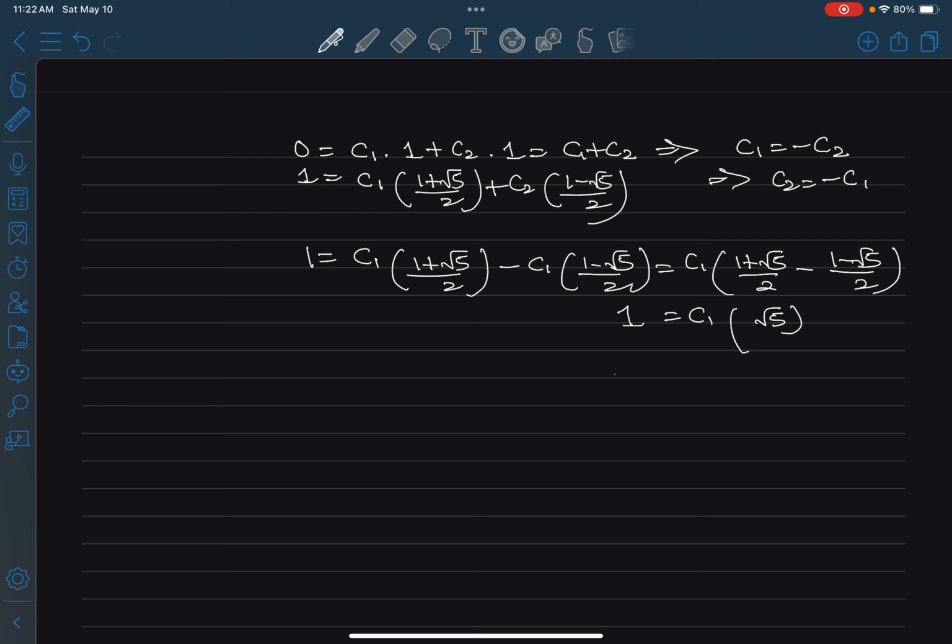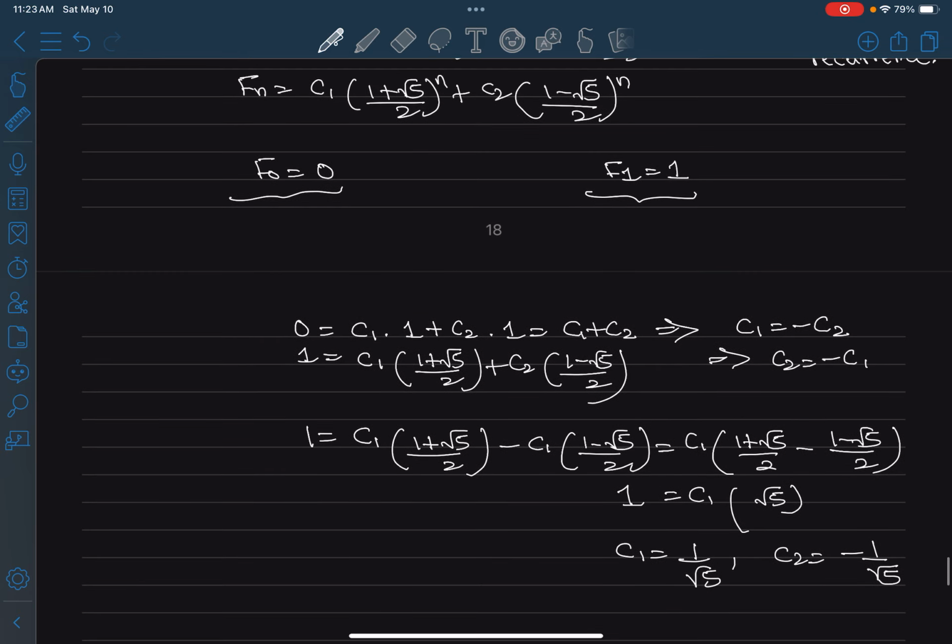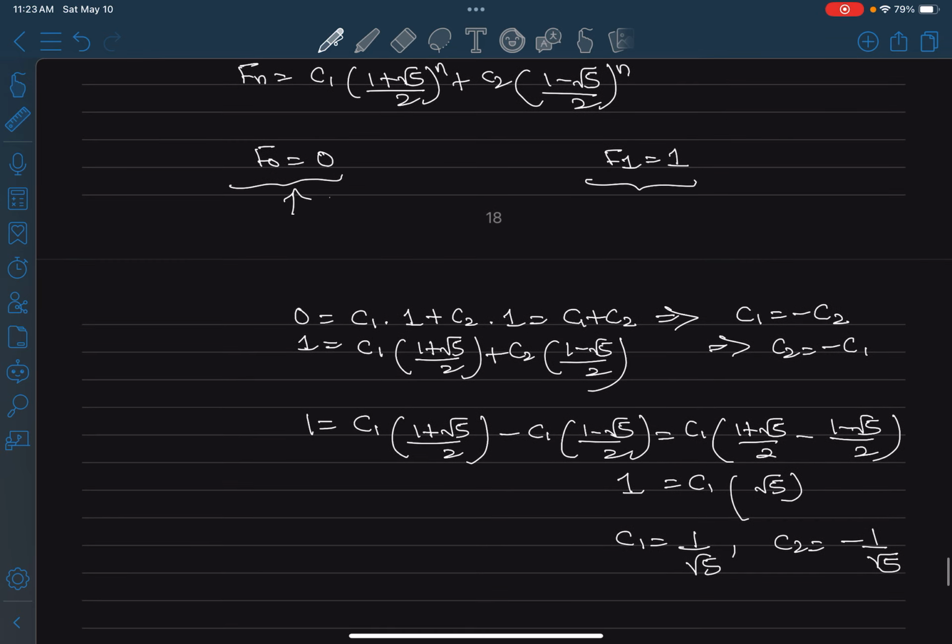This is 1. So we get C1 as 1 by root 5. So that means C2 will be negative 1 by root 5, right? So these two constants make sure that our initial conditions are satisfied.